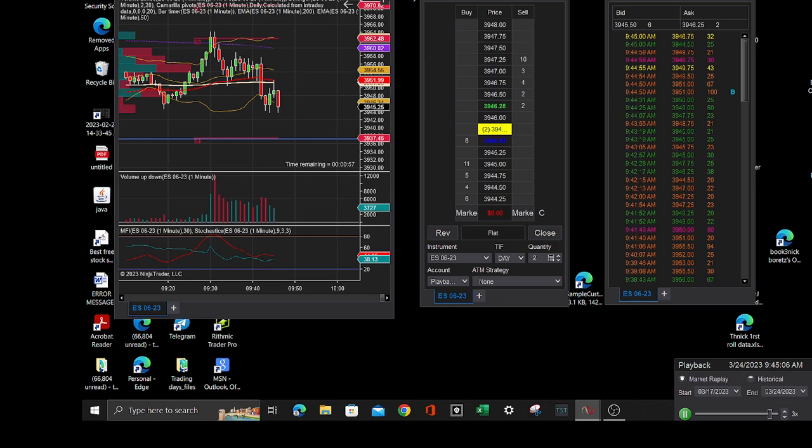By the way, this is the ES 1-minute chart if I haven't said that. We have a sell of 100 at 51. So let's see if we reach 51 here.